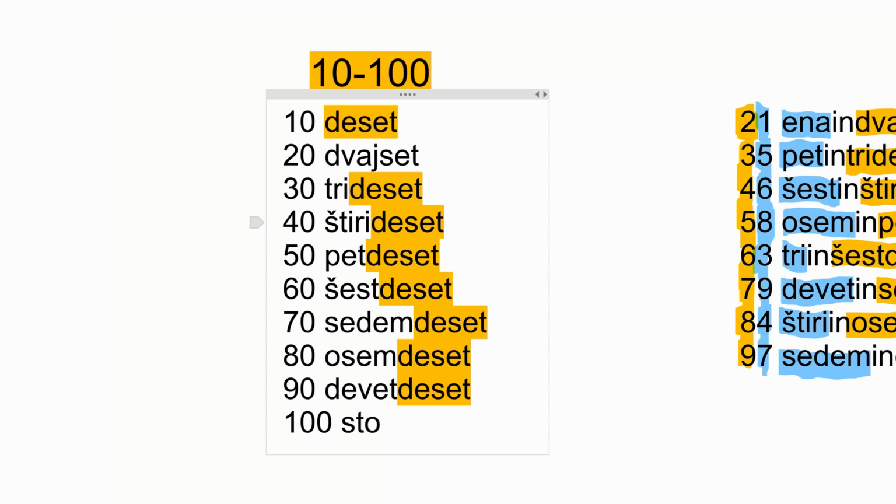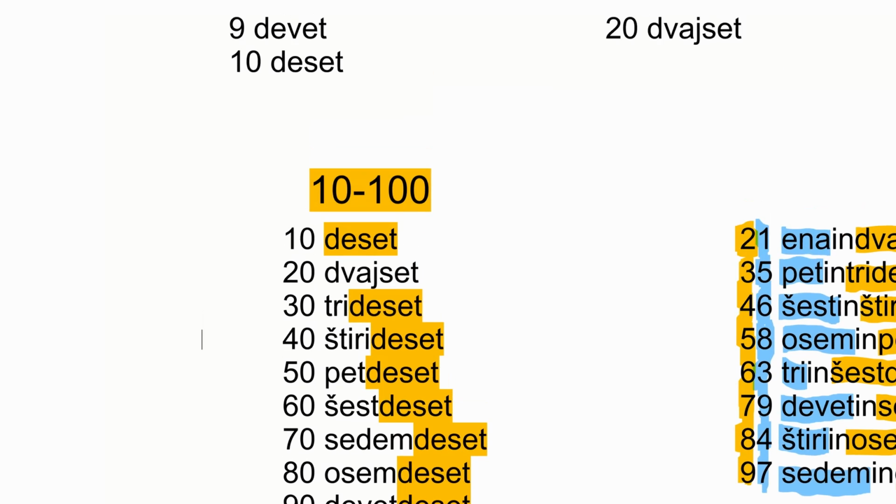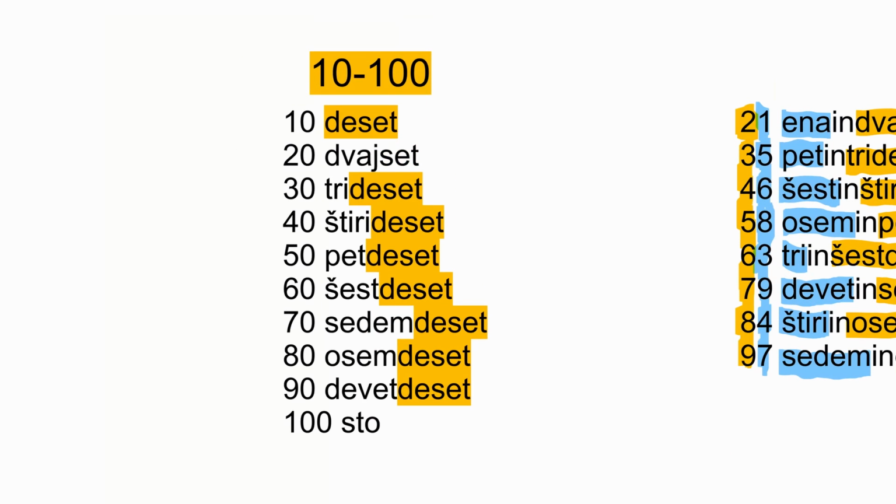But basically, to form a number like this, like 30, 40, you just use the letter 3, which means 3, and then 10. So in English, you would say 310, okay, 30, or 30, which is the way we say it, okay? Now, let's do it again and make sure we get the accent right.